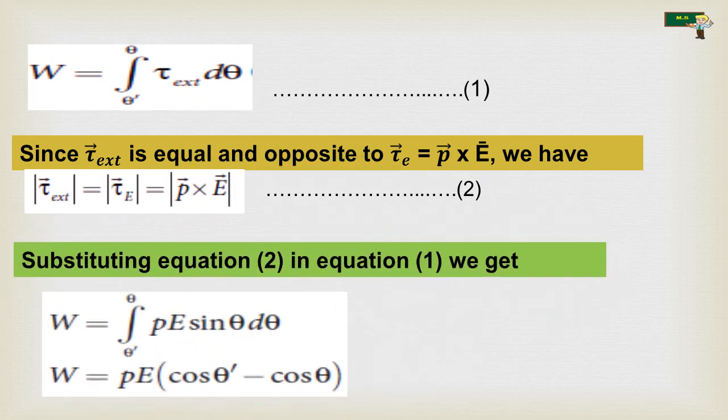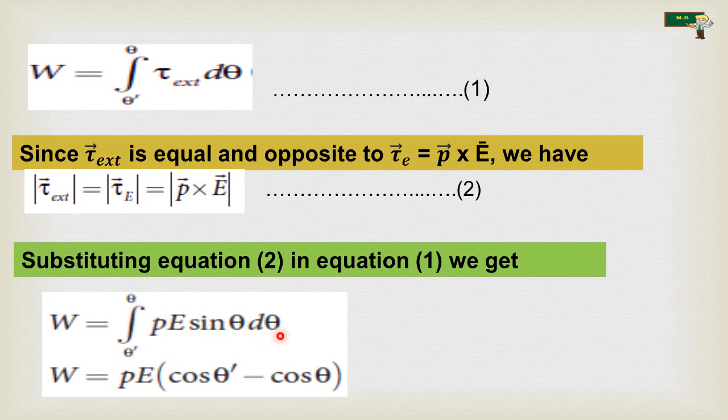Substituting equation 2 in equation 1, instead of tau external we substitute P E sin theta into d theta, because theta dash and theta denote angles. So W, the work done, is the integral from theta dash to theta of P E sin theta d theta.